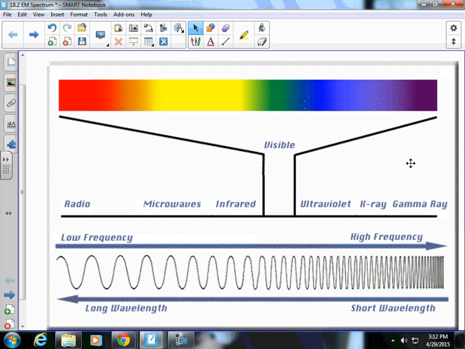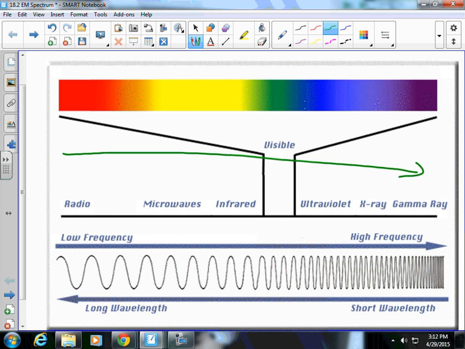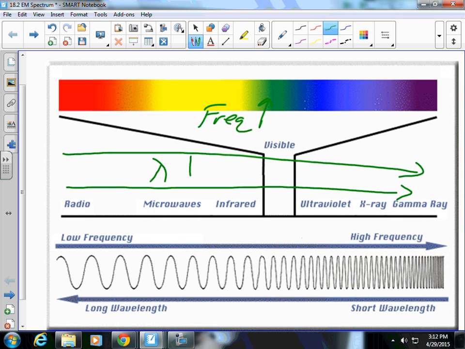So, a couple of things in general about the electromagnetic spectrum. You will note that from radio to gamma ray, the frequency increases. However, the wavelength decreases.